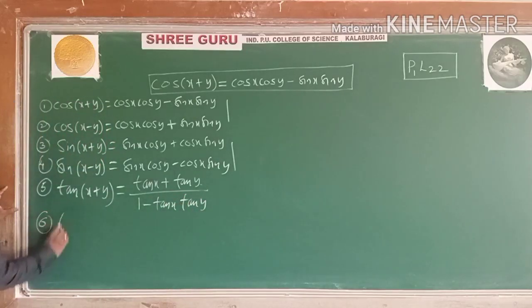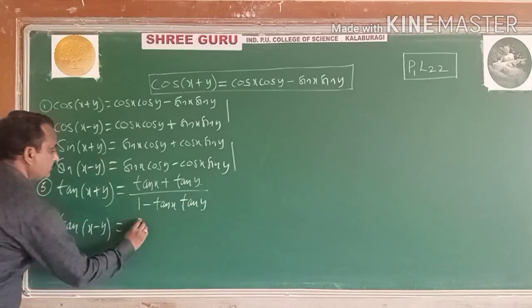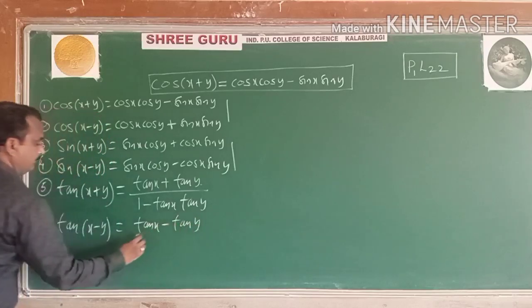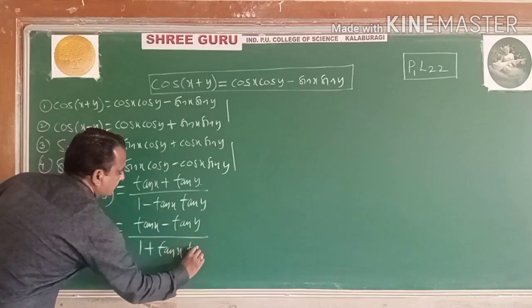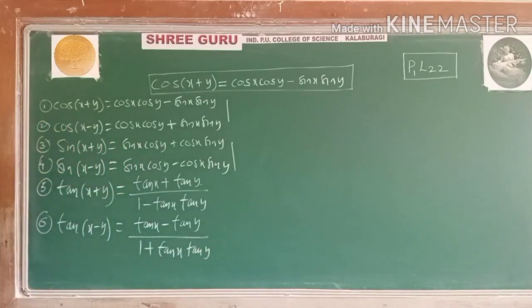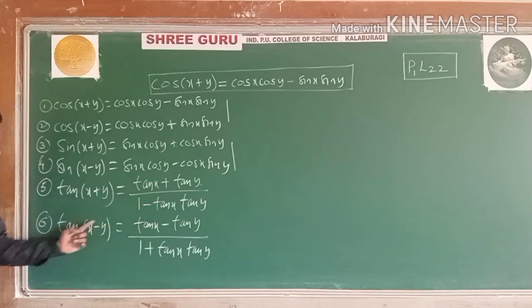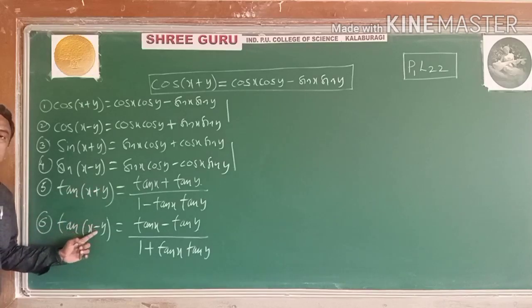Difference of tan, tan of x minus y equals tan x minus tan y divided by 1 plus tan x into tan y. See the students, numerator same sign, denominator opposite sign. For the tan sum and the tan difference, same type it is.